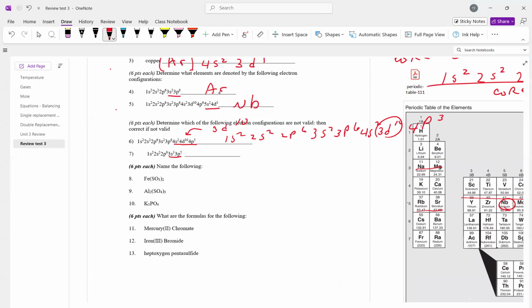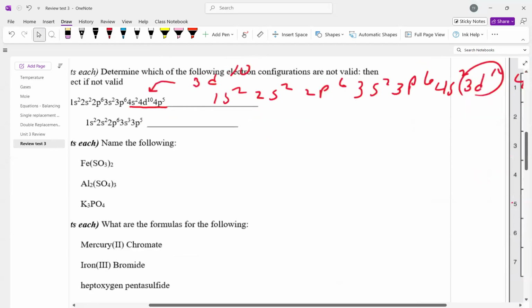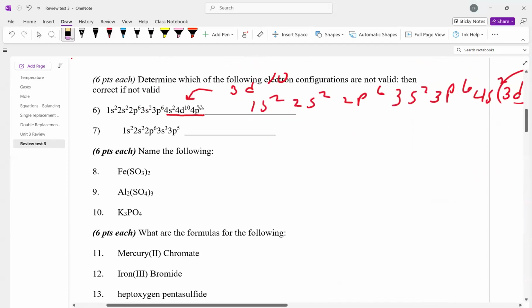Okay. Let's look at this guy here. A little bigger here. Okay, 1s2, 2s2, 2p6, 3s3.